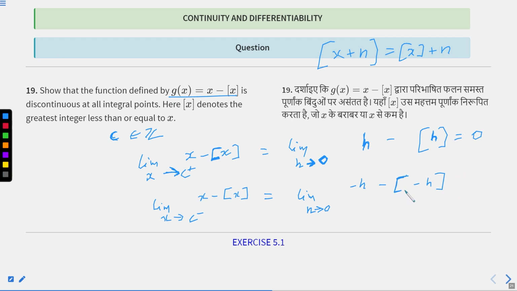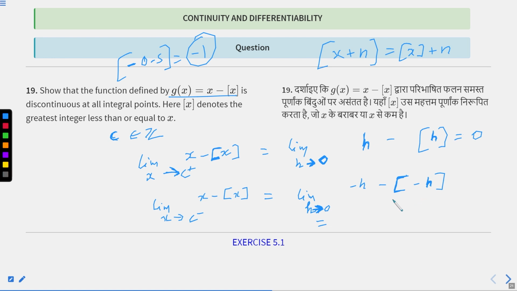Now h is tending towards 0, this means this will be minus of something, and the greatest integer of minus 0.5 is minus 1.